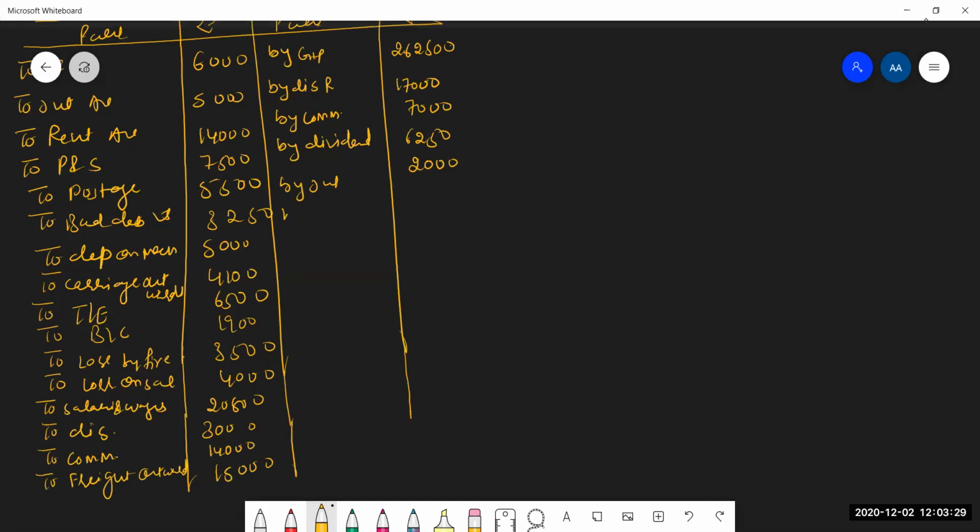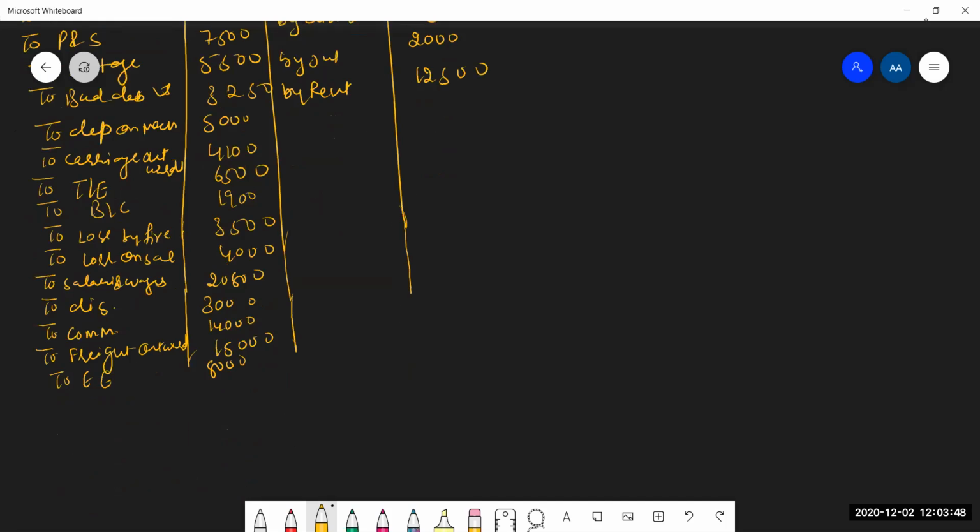Then rent received, by rent, which is 12,500. Then entertainment expenses, to entertainment expenses, which is 8,000. Then sales promotion expenses, 7,250.